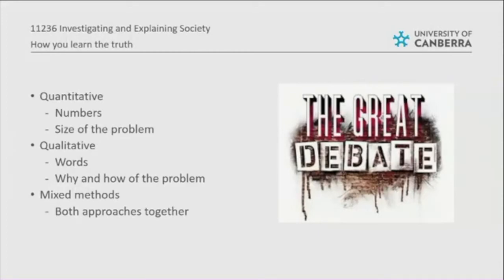Because I think numbers are useful. It's important to understand how big a problem is. It tells you something. All right? But for me in the social sciences, it's what we call the thick description, the richness, the whys, the hows. Because that's, for me as a social scientist, where the interesting stuff is.